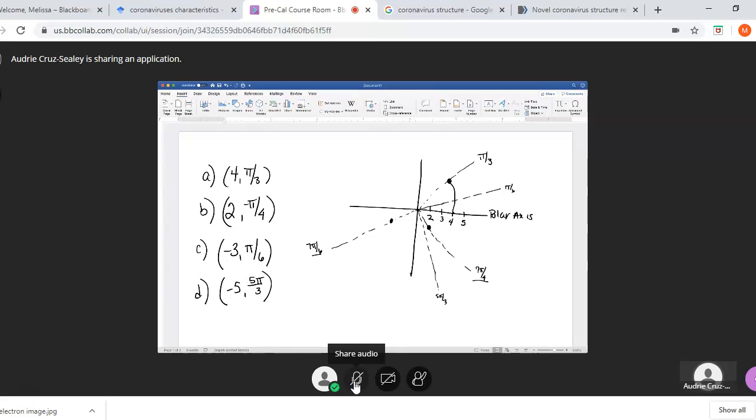So I was at 5, and I'm over here at 5 pi over 3. But then what do you have to do? Go 180 again. Does that make sense? And if you go 180, wouldn't you end up at 2 pi over 3?